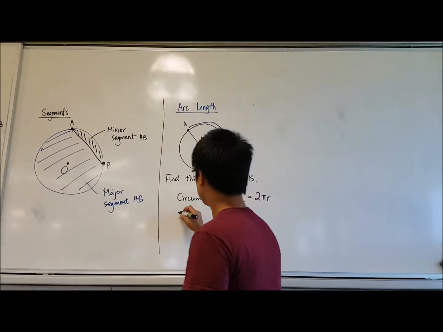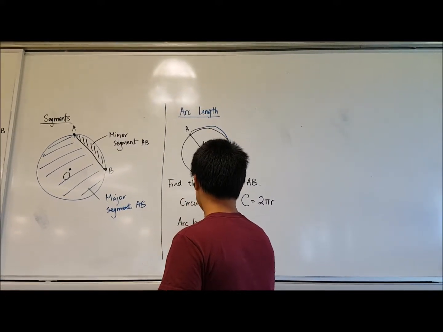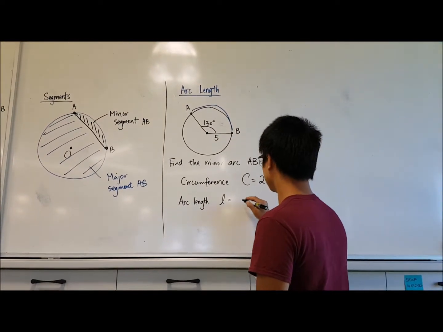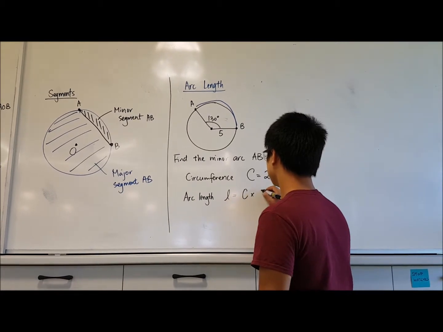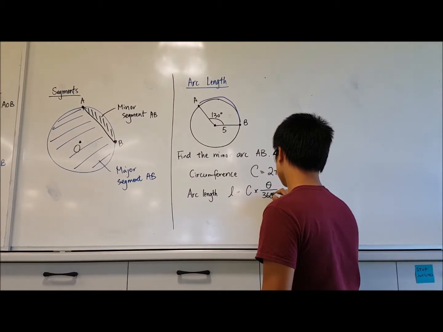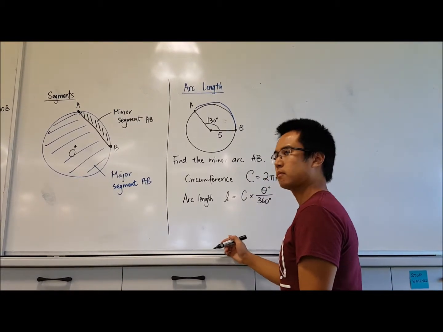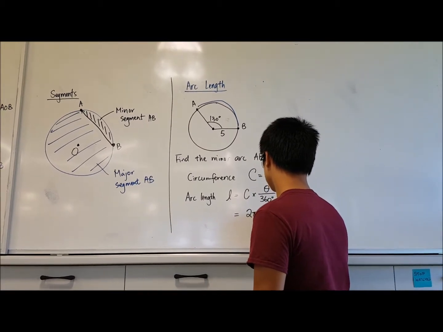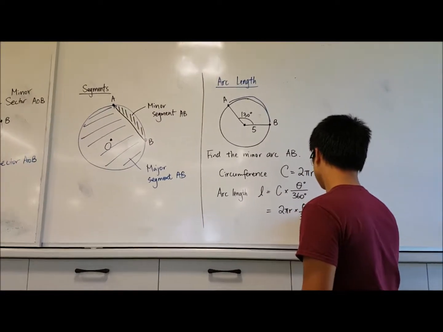So the arc length, and I'm going to use the letter L to label arc length, is going to be the circumference times the fraction of the circle over 360 degrees. The circumference is 2 pi r, so it's 2 pi r times the fraction of the circle over 360.